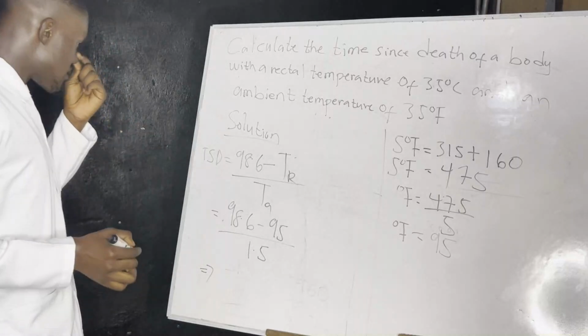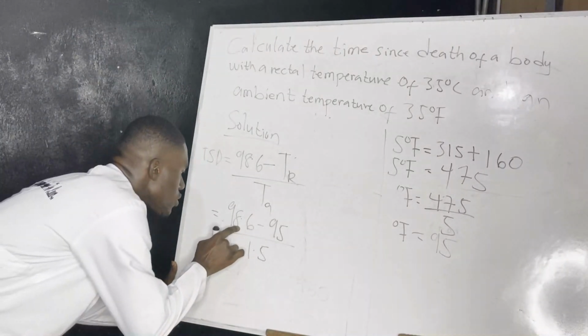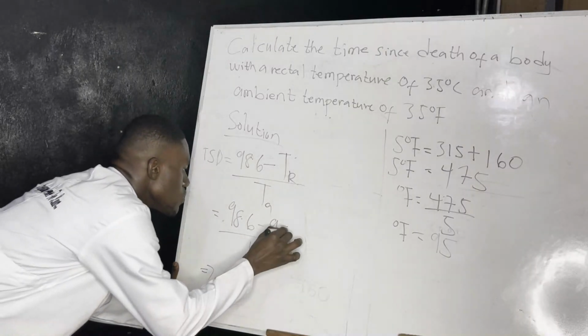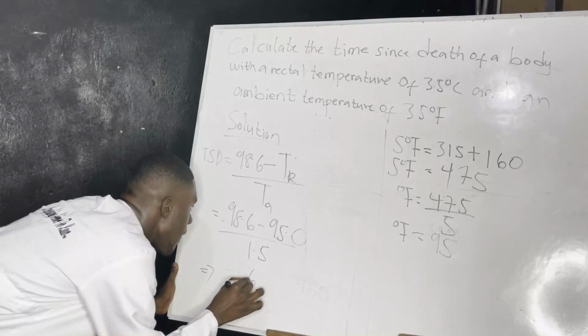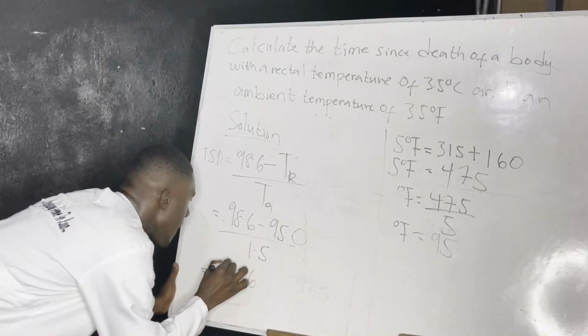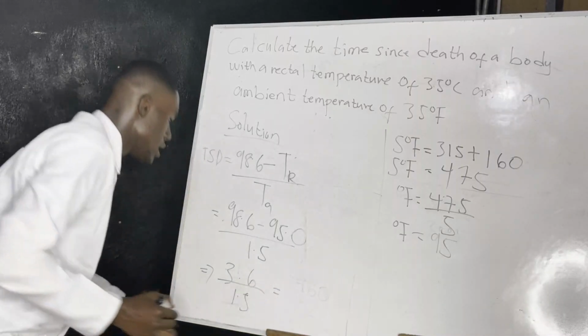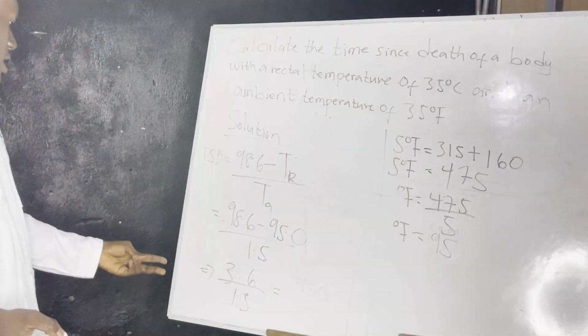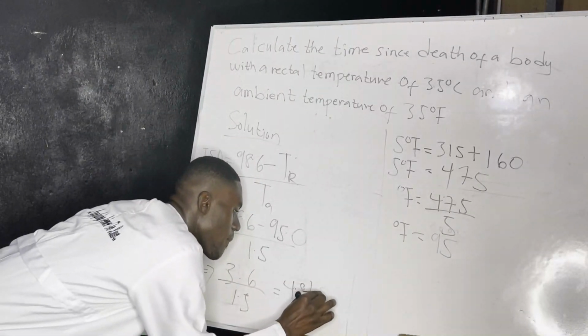So we calculate the time since death, 3.6 all divided by 1.5. With this, we found that the time since death is 4.8 hours.